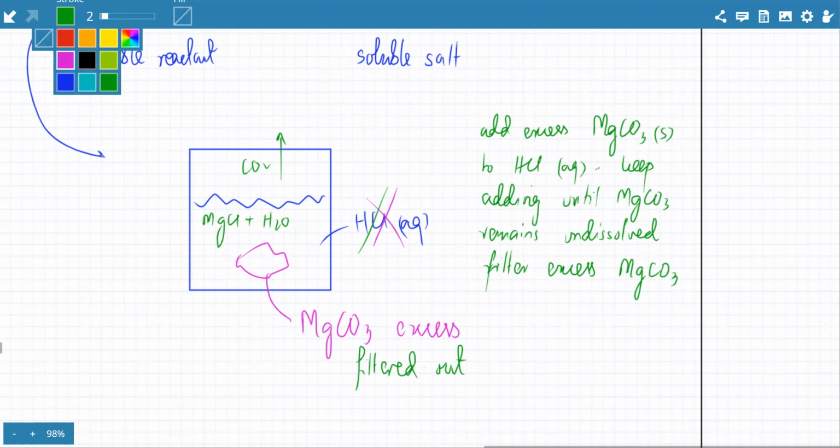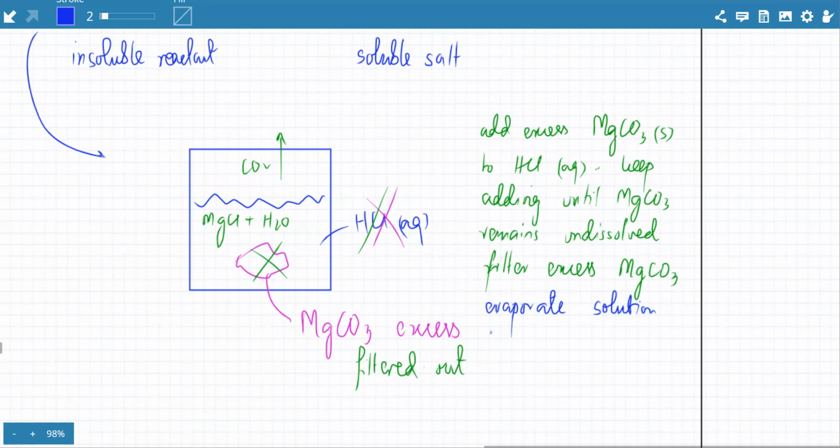So you filter out excess MgCO3, and once the MgCO3 is also gone, the final step is crystallization. So evaporate the solution to saturation point. We'll basically provide heat and evaporate the solution, so you get rid of the water as well, and you get only crystals of MgCl2. Evaporate solution to saturation point and cool gradually, you can't remove the water all at once.